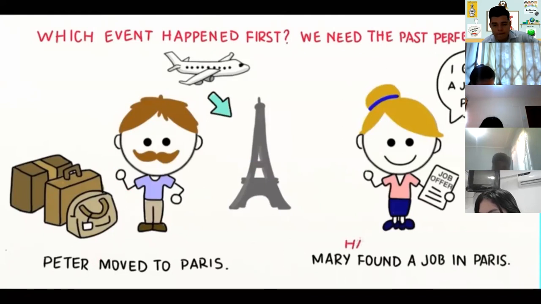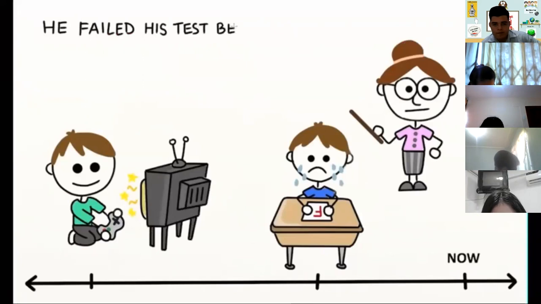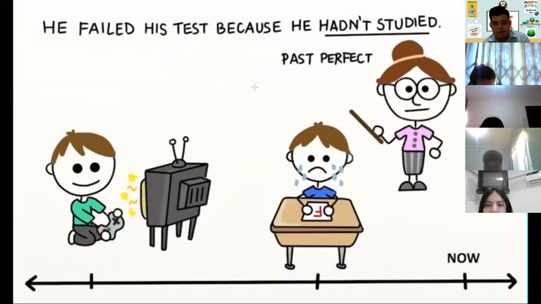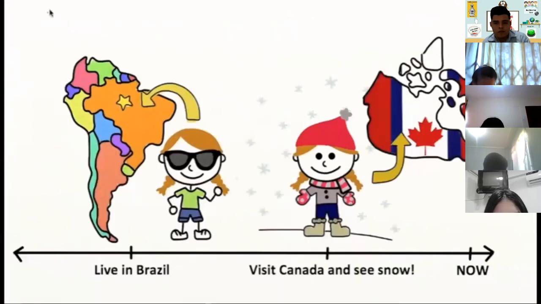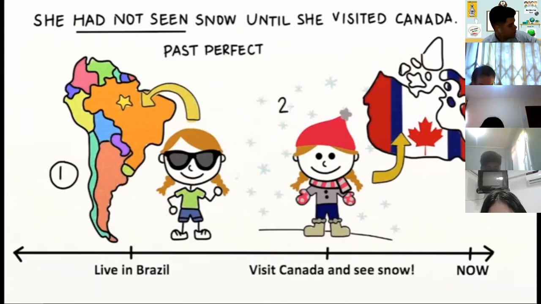But if we put had in the other sentence, Mary had found a job in Paris, now this action happened first. Here's an example. He failed his test because he hadn't studied. Here we use the past perfect tense to describe the first action and the past tense to describe the second action. Another example. She had not seen snow until she visited Canada. Again, we use the past perfect to describe the first action and the past simple to describe the second action.